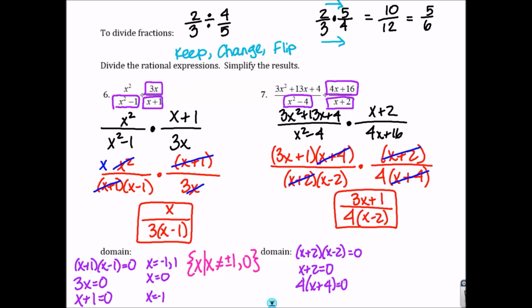When you solve to find the domain restrictions, you get x equals positive and negative 2, x equals negative 2, and x equals negative 4. So when we write out our domain, we have x such that x does not equal positive or negative 2 or negative 4.